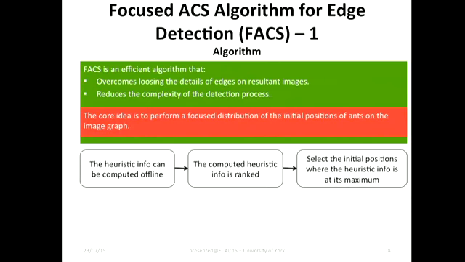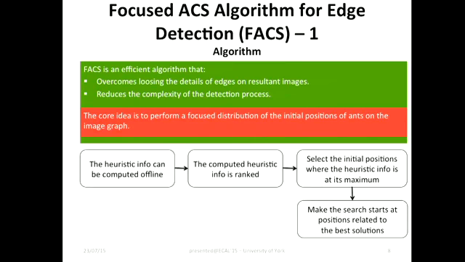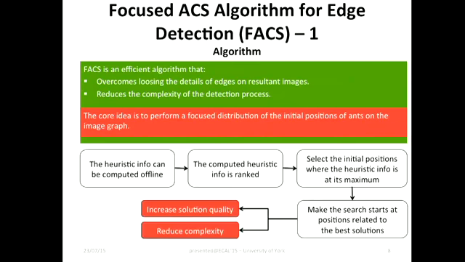We assign to the k ants the first k pixels that are associated with the highest heuristic information. This will make the search start at positions that are associated with the best solutions. We will obtain at the end a solution with increased quality and with reduced complexity.